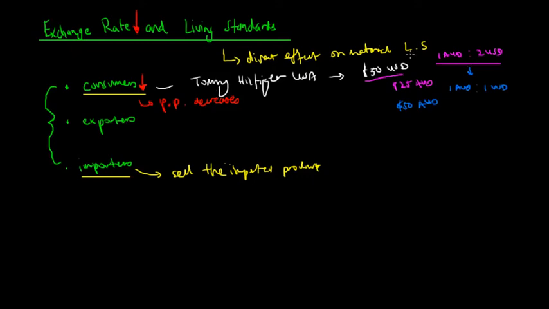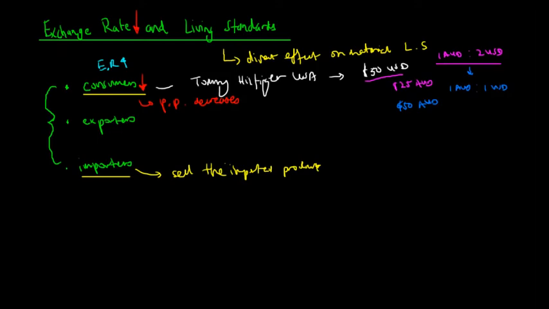So in this case, we could have bought 2 shirts with the exchange rate at 1 to 2, but we can only buy 1 shirt at the exchange rate 1 to 1. So consumers, they want, I'm going to put this in a light blue, they want the exchange rate to go up. So consumers will experience an increase in living standards when the exchange rate is very high.